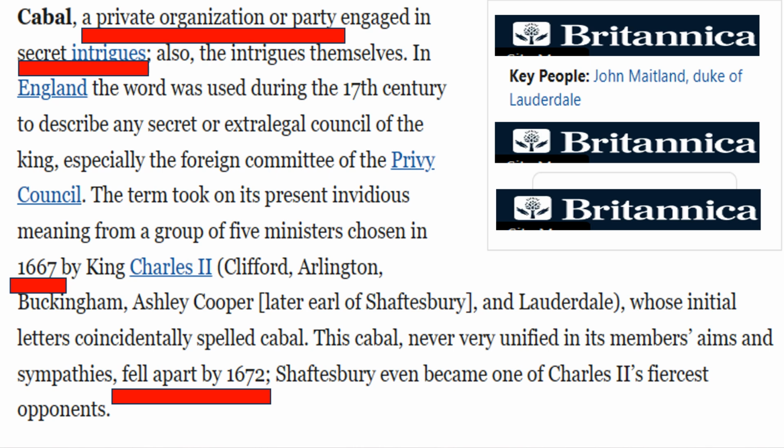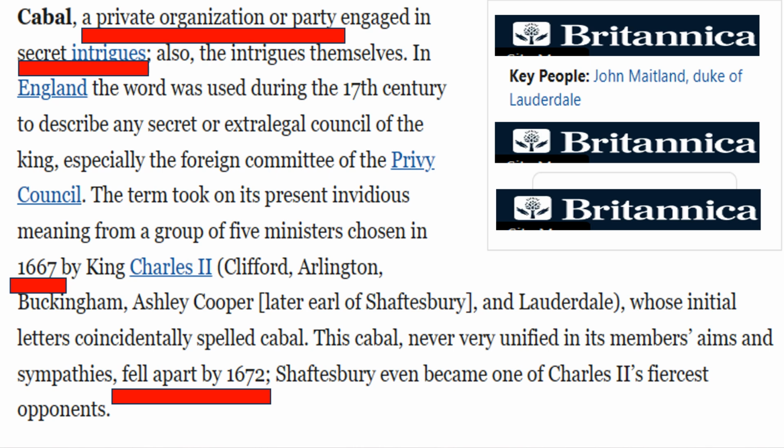And so this is a construct that came out of the 17th century, again, completely related to King Charles. It was to describe any secret or extra legal counsel of the king. Keep this in mind, a cabal is related to the king and King Charles specifically, the Stewart dynasty specifically, the purported 10 northern tribes specifically.